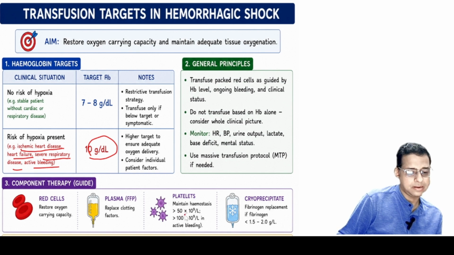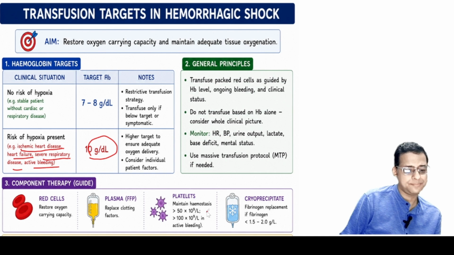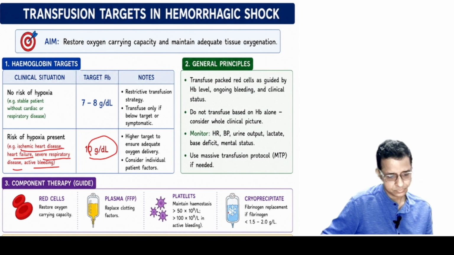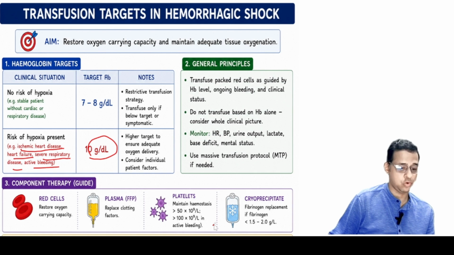Platelets should be greater than 50 into 10 to the power of 9 per liter, or greater than 100 into 10 to the power of 9 per liter in active bleeding, to maintain hemostasis. And cryoprecipitate replaces fibrinogen if fibrinogen is lesser than 1.5 to 2 gram per liter.